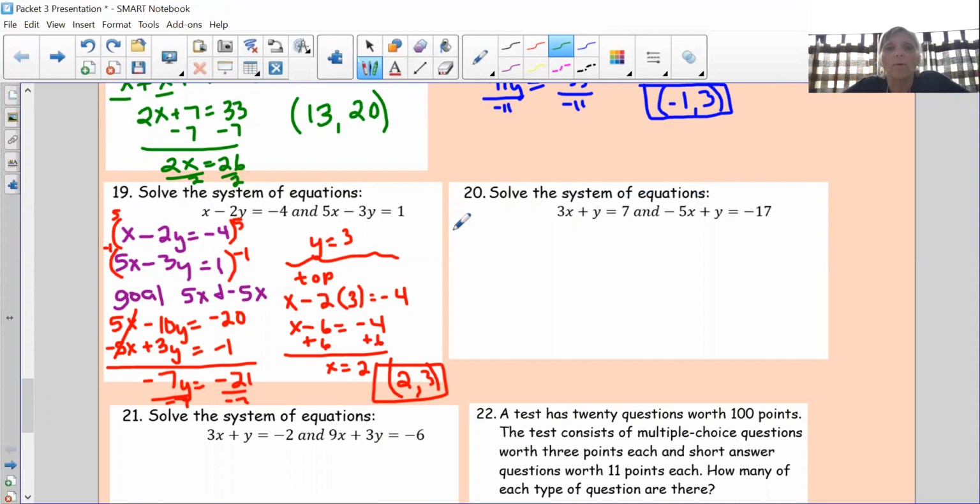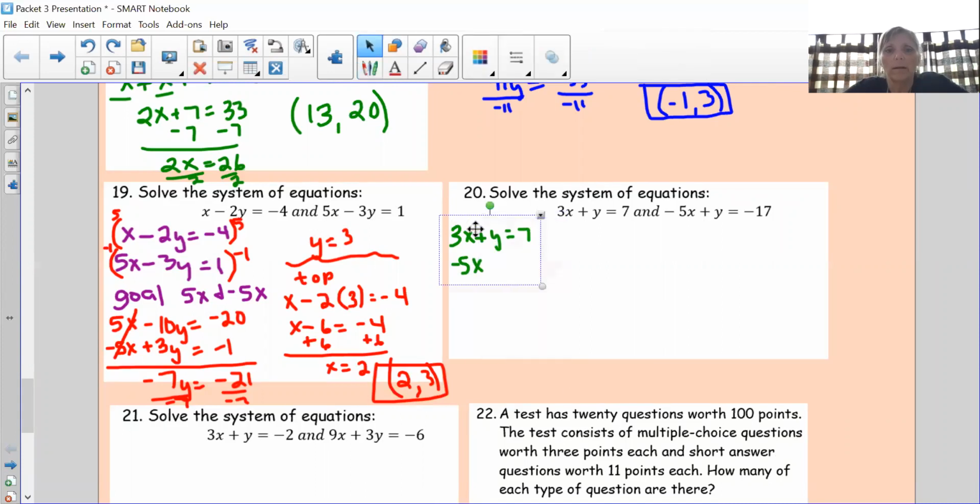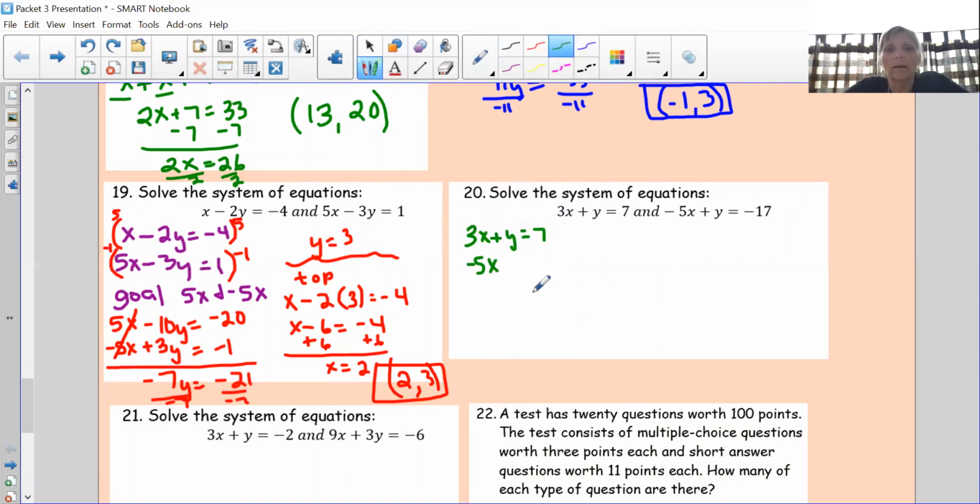So I'm going to write them out. 3x plus y equals 7. And then negative 5x plus y equals negative 17.